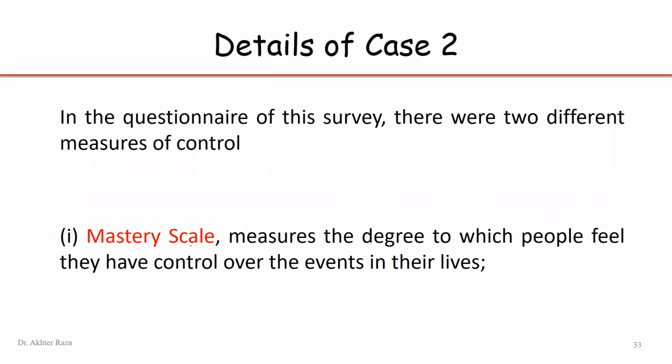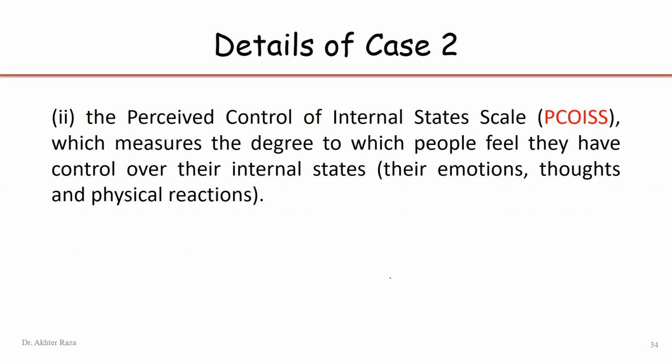The two variables which are the predictors are described here. The mastery scale measures the degree to which people feel they have control over the events in their lives. So this is to be assumed as an external control. And PCOISS is the other variable, which is the control of internal state: emotions, thoughts, and physical reactions.